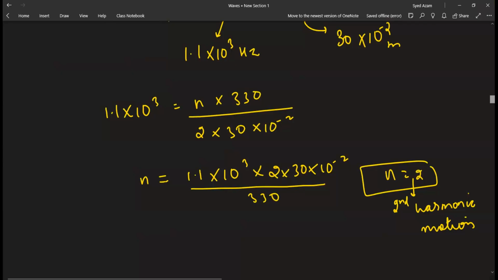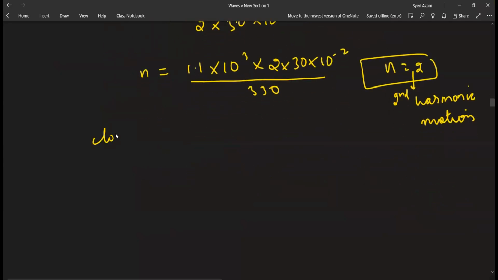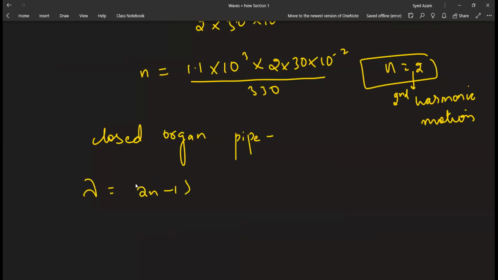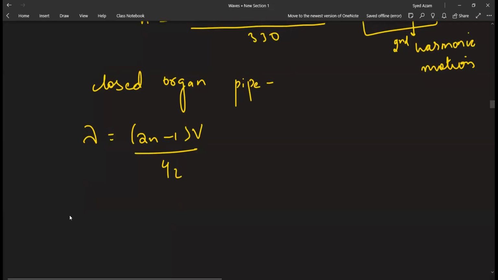Now, if it's a closed organ pipe, so frequency is equal to (2n minus 1) v by 4L. So you can put the values.